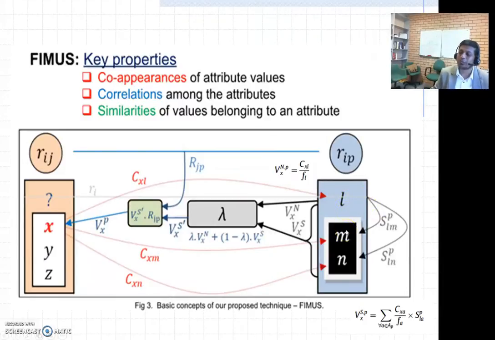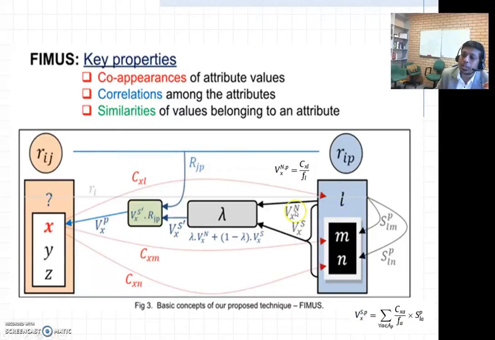If they are very similar, then the vote for X due to M will have better weight. If M is not so similar to L, then it will not have as much weight. This is how this equation helps us get the secondary vote for X, due to the values that did not appear but are quite similar to the values that appeared in the Pth attribute.